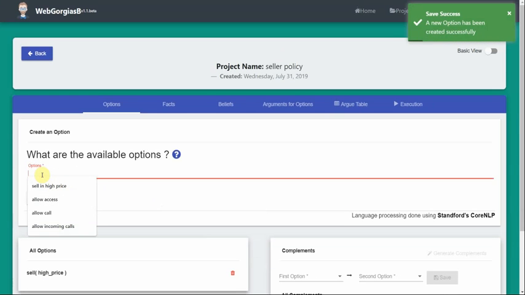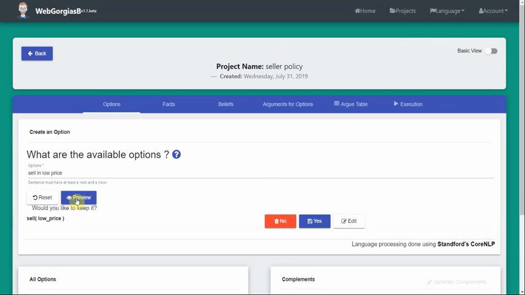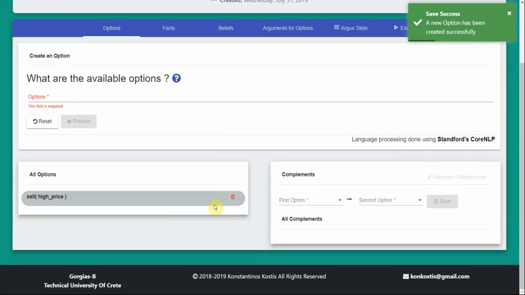And then to sell in low price. Okay, you see it's quick. It was my internet before. So I accept this option too, to sell at low price.